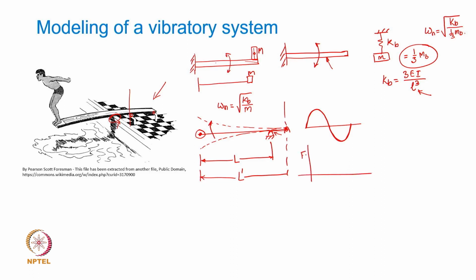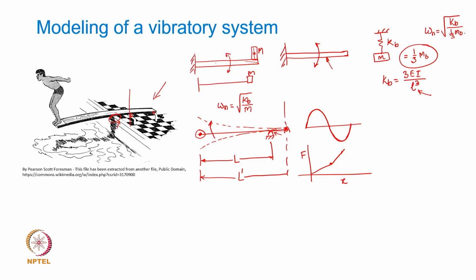So, if you look at F versus deflection, it will follow one stiffness value, and in the next half of the motion it may have a different stiffness. So, it is called the case of a bilinear stiffness. Anyway, we will not get into the details of that.